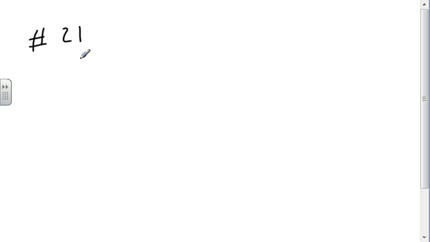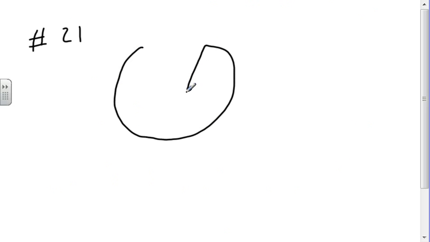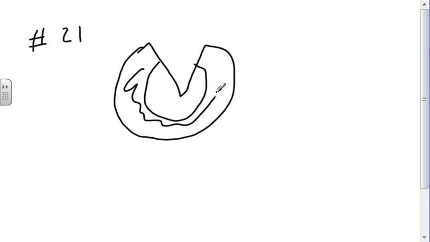All right. Find the area shaded. Okay, so I'm going to have the circle. I'm going to have something like that, something like this. I want the shaded area. This is 60 degrees. Find the length of the inner radius.